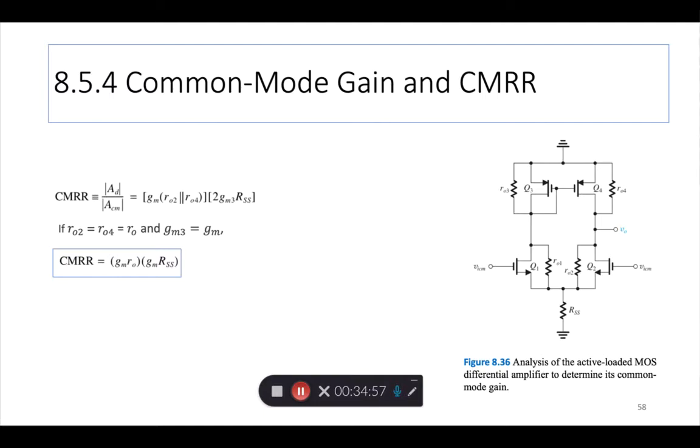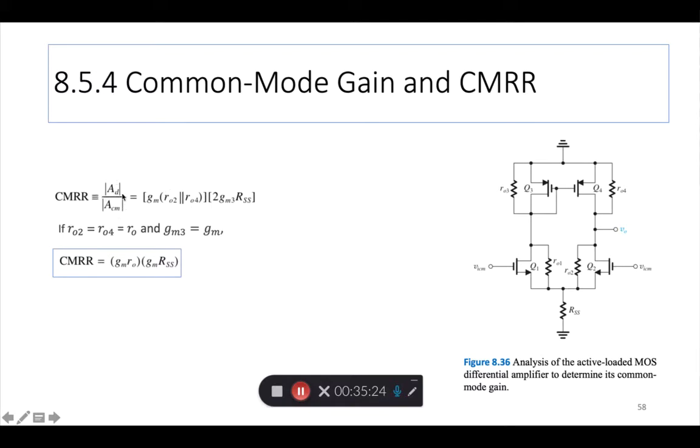Okay. Once we know the two gains, the differential gain, or the gain for input signals applied differentially, divided by the gain for input signal applied as common mode, that ratio we know is CMRR, and so that formula becomes this.